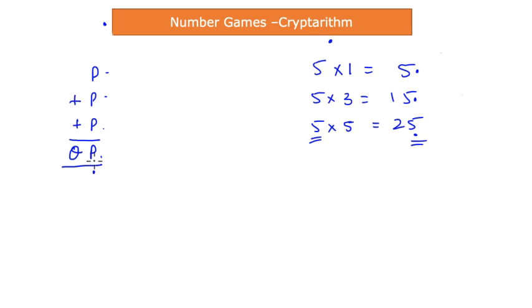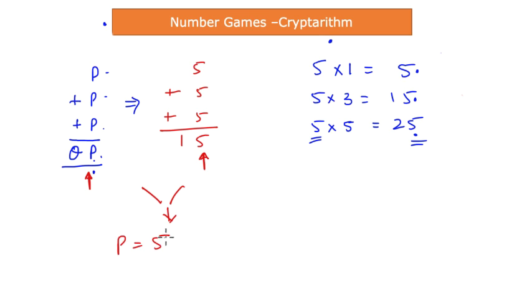So this P is of course 5. When I replace P with 5, I get 5 plus 5 plus 5 and it gives me 15, right? Now this satisfies the original condition of the puzzle. So the answer to this puzzle is P is equal to 5 and Q is equal to 1. As simple as that, right?